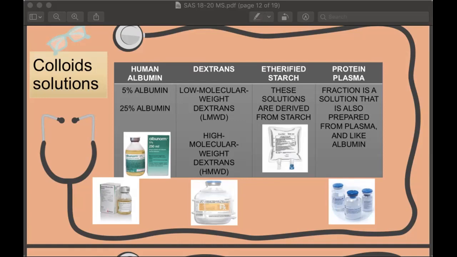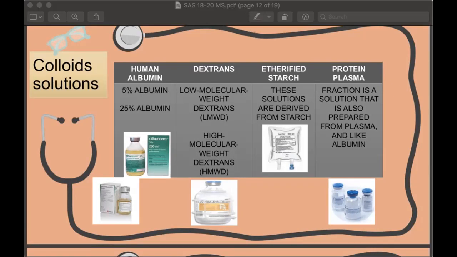The 5% albumin is a solution derived from plasma and is a commonly utilized colloid solution. What is the use of this one? It is used to increase the circulating volume and restore protein levels in conditions such as burns, pancreatitis, and plasma loss through trauma.